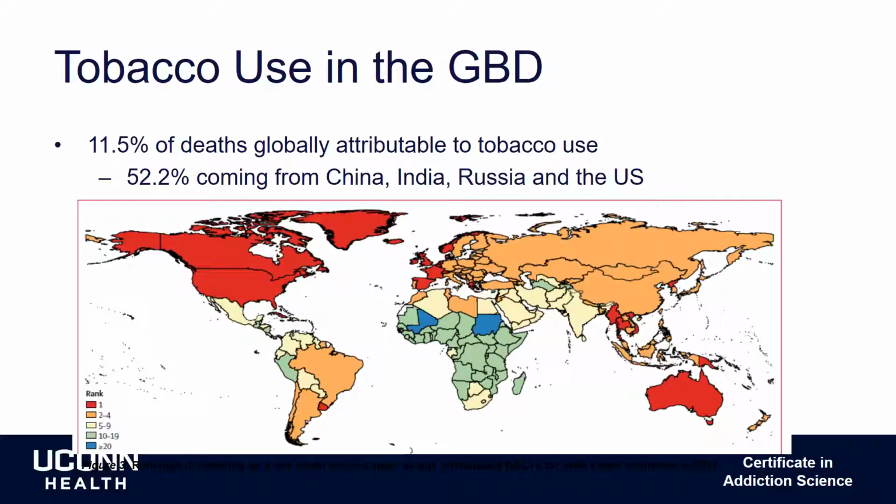Over half of these deaths are coming from only 4 countries: China, India, Russia, and the US. Now, this is a little bit deceiving because China, India, and the US are 3 of the 4 largest countries in the world, if not the 3 largest by population. But it does point out that it is very concentrated. The majority of deaths from tobacco do come from only 4 countries.